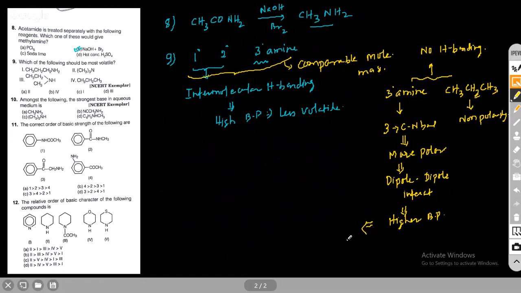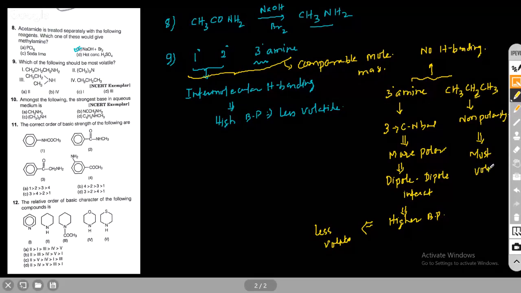High boiling point means less volatile, and hence the hydrocarbon will be the most volatile compound out of the four. Least boiling point, most volatile compound. Is it clear? So the fourth option is correct. So option B is right here.